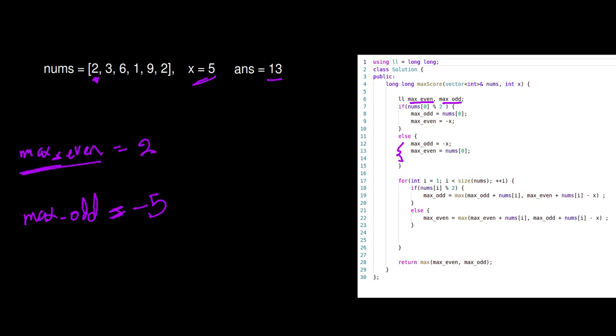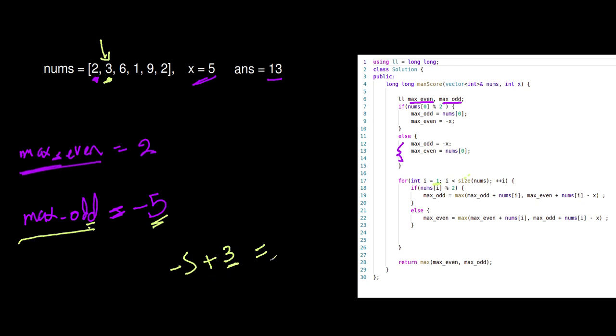Now we start from this index 1. I equal 1, the value is 3. This is odd, so we need to update the value of max odd, because as we said max odd represents the max score with the last value checked is odd. We can go from odd to odd, minus 5 plus 3 without any cost.